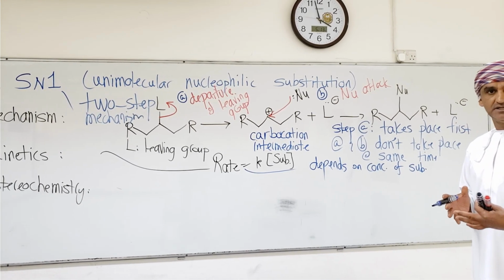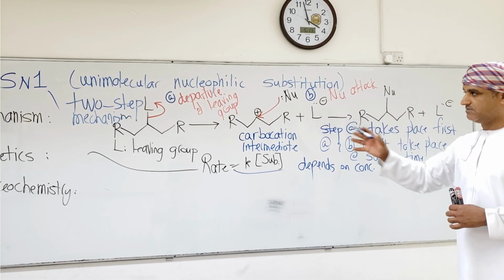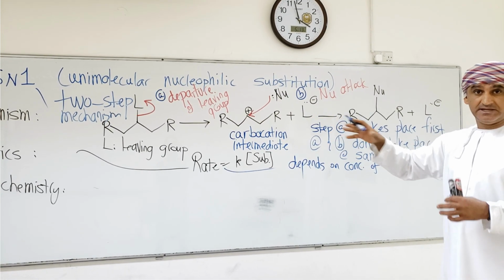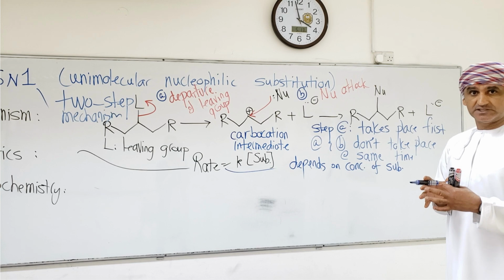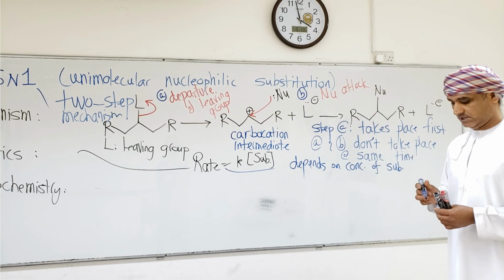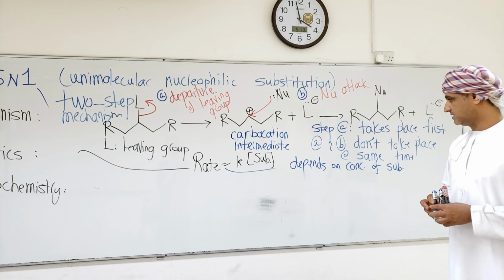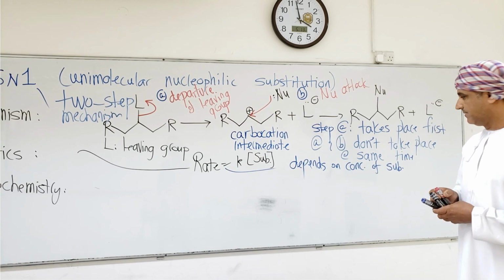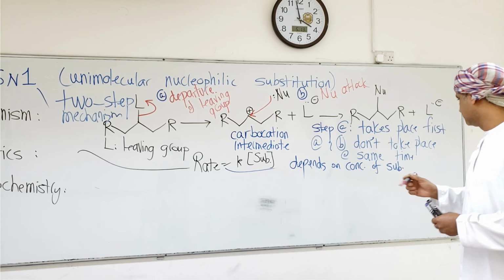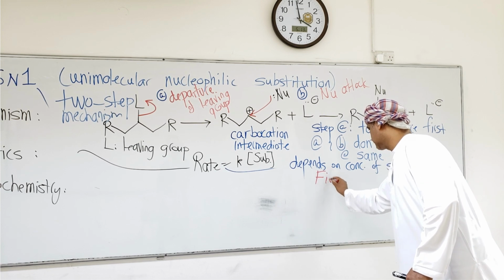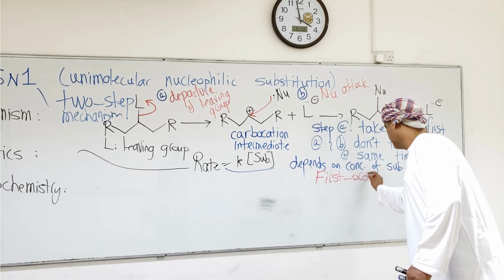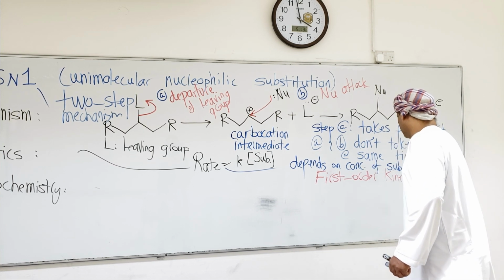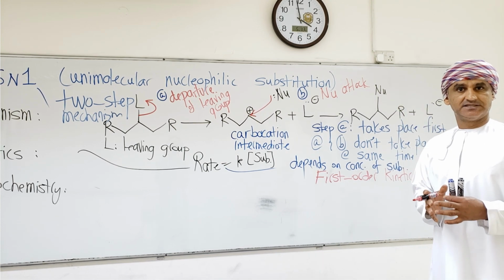How fast or how slow the reaction goes is determined in the first step, since the leaving group departs first. So unlike SN2, this is first order kinetics, because the rate depends only on the concentration of one reactant, not both.